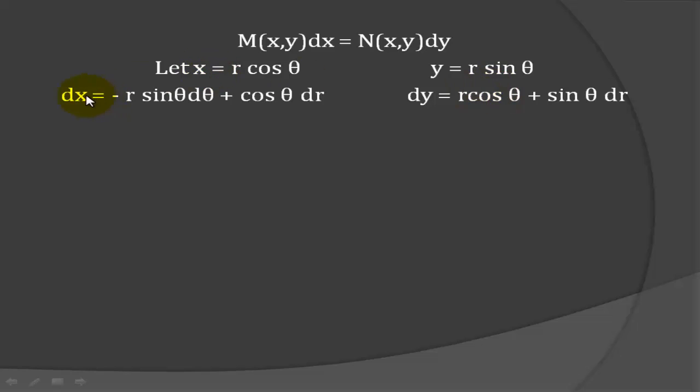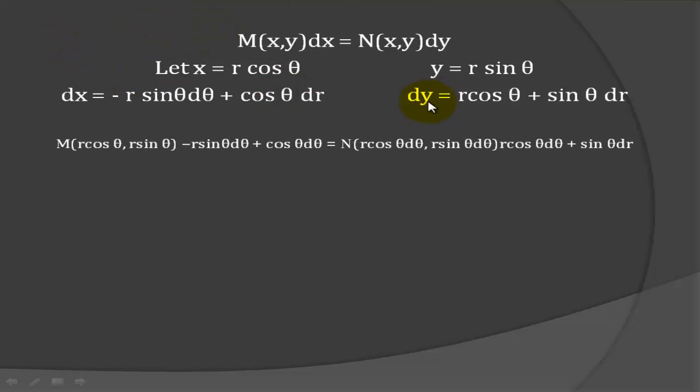Taking the derivative of x and y, we get dx equals negative r sine theta d theta plus cosine theta dr. That is just by the first derivative, second derivative first. Same thing you apply to dy equals r cosine theta d theta plus sine theta dr.